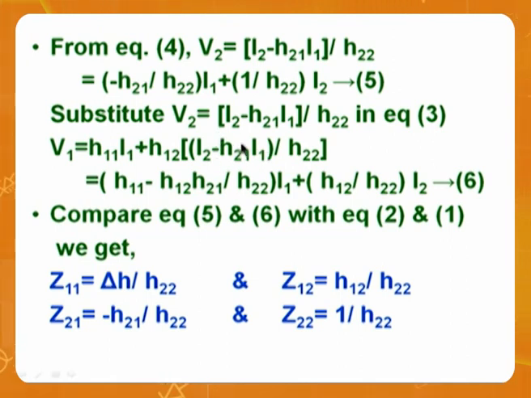If I put this value in the place of V2, then what do I get? H11 minus this by this. If you really take the LCM, you will get delta H. So this is delta H by H22, that is Z11. H12 by H22 is Z12. So like this, very simple task.